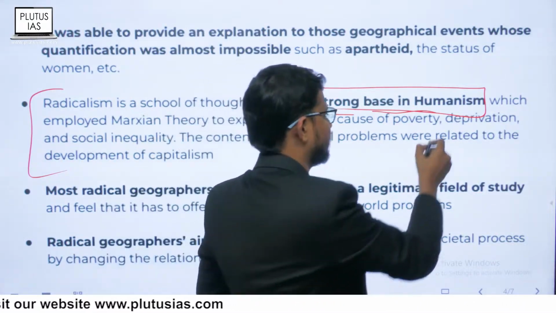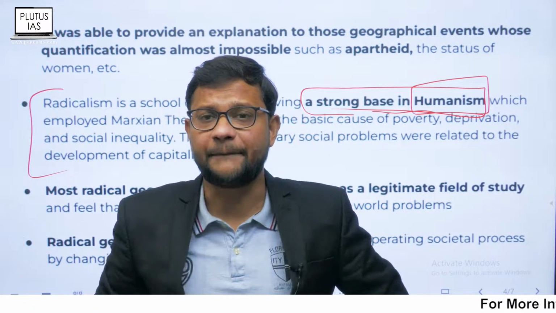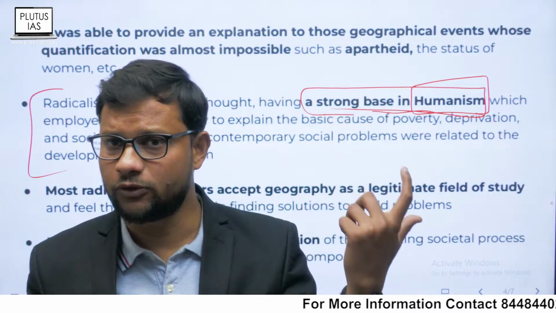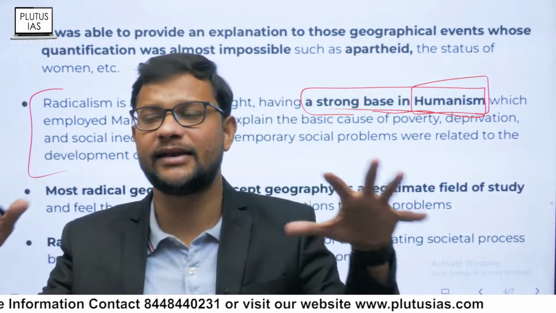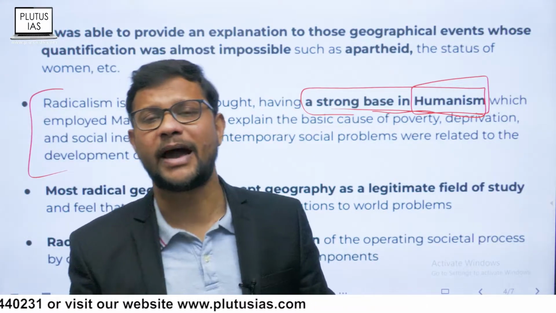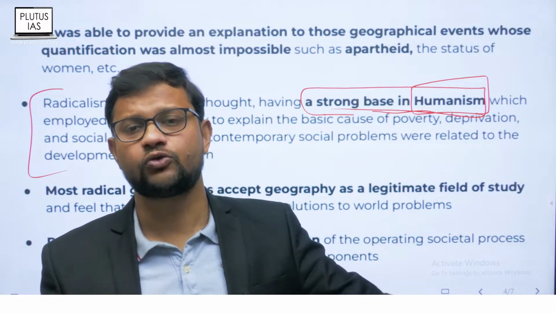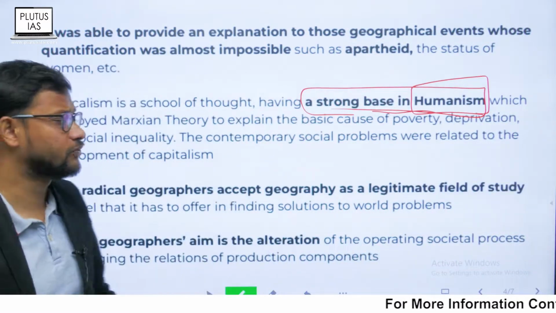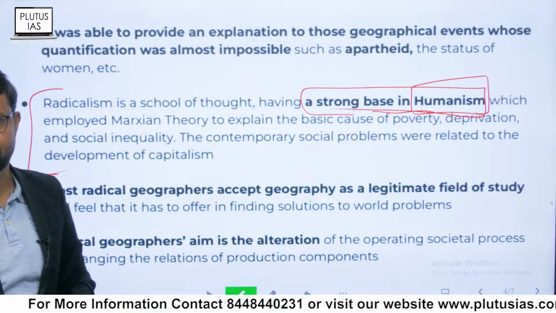Those factors are the keystones of humanism. And capitalism, or maybe the quantitative revolution, considers human emotions and values, merely normative values, as things supposed to be neglected. So in reaction you will find radical geography further proliferated.